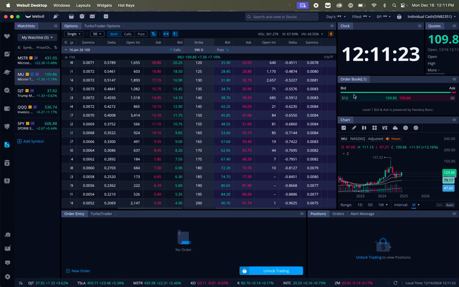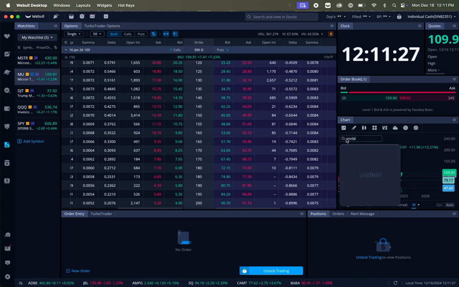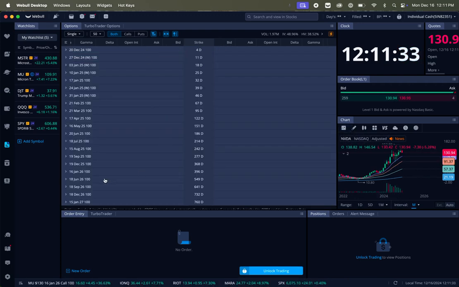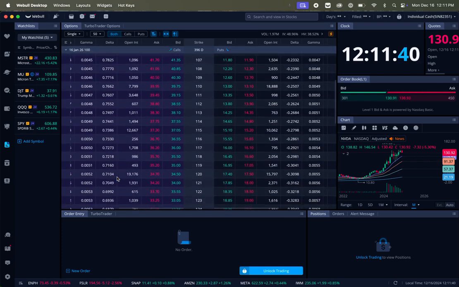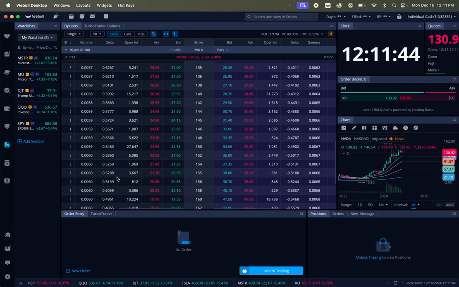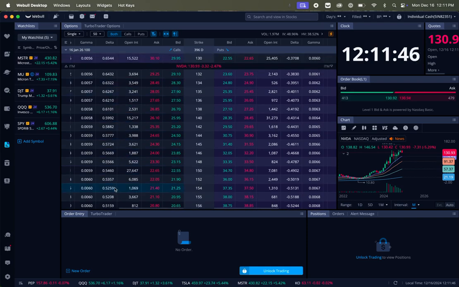Let's take a look at another one, Nvidia. During the huge, massive run up, it was just like what we saw with MU, but even greater. When Nvidia was running up, I was so bullish on it because the deltas alone were telling us. You can see here with Nvidia, look how far the 50 delta is.